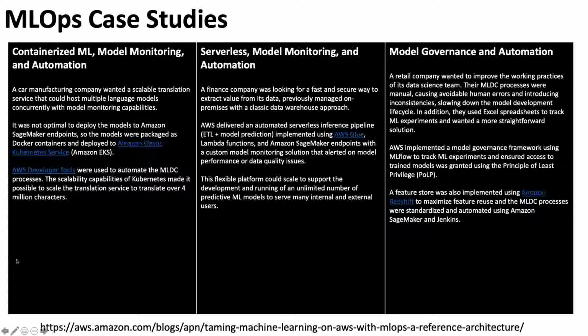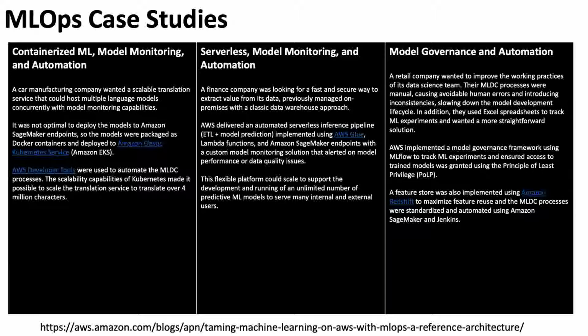If you see the use cases here, the first use case's requirement is how do I create a containerized machine learning model, and monitor and automate it. It involves different types of tool sets, including containers and Kubernetes.